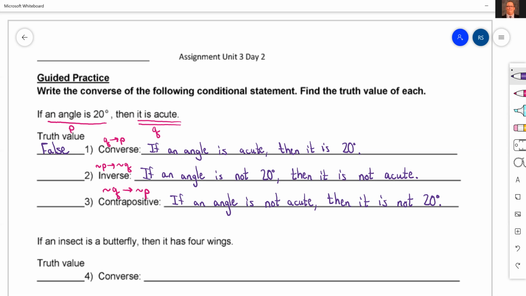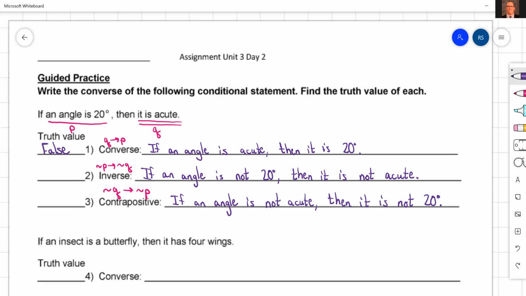Now let's look at the inverse. If an angle is not 20 degrees, then it is not acute. That would be false, because we're saying it's got to be 20 again. No, it does not have to be 20 to be acute. So that's false.